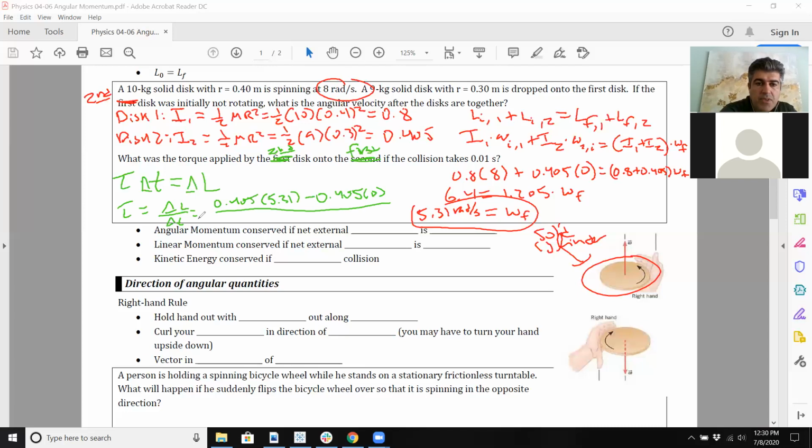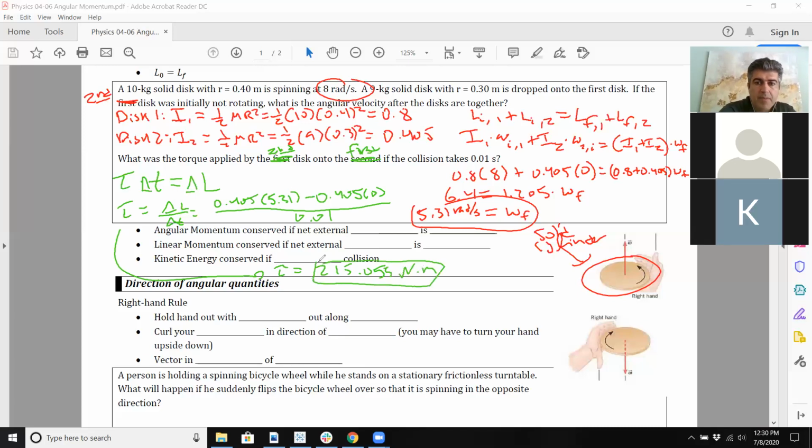And divided by the change in time, which of course is 0.01. And then you could solve for your tau, which will be 215.055 newtons times meter. Those are the units for torque.